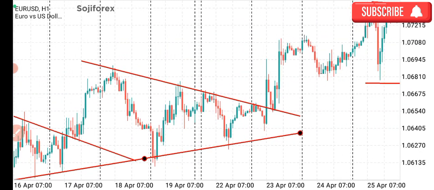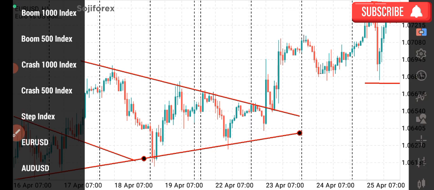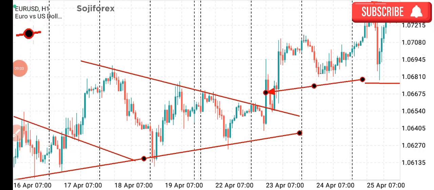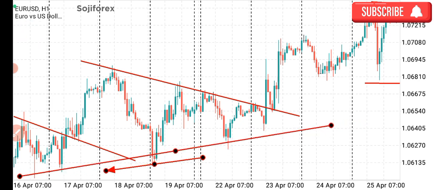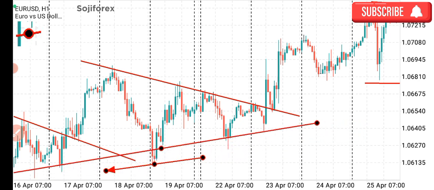Another way is when, okay, now this is a triangular pattern, and you can see that price has been making this lower high, lower high, lower high, and you can see how price has been respecting this trend line. And you can see here we are having higher lows all the way from this downside.